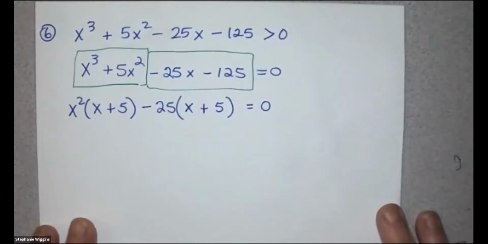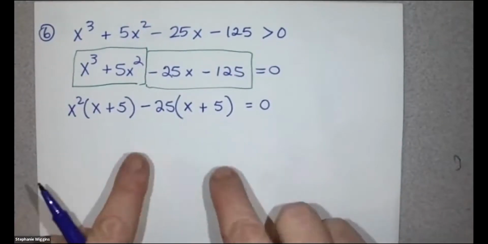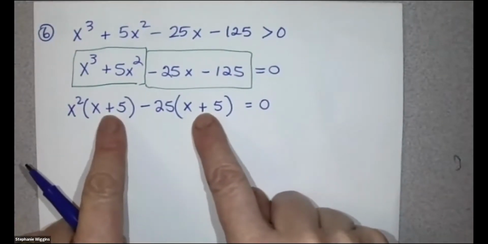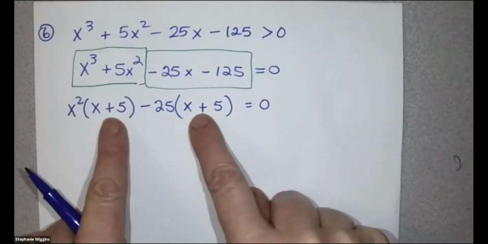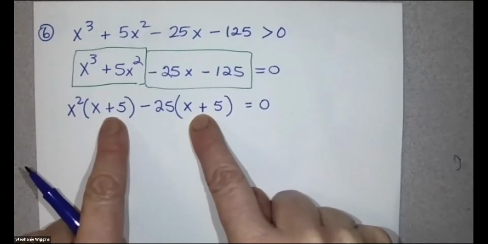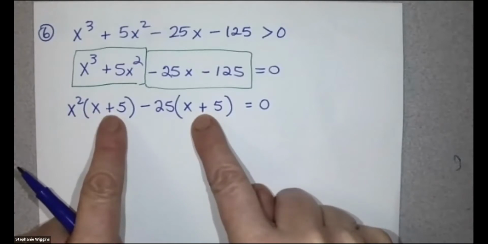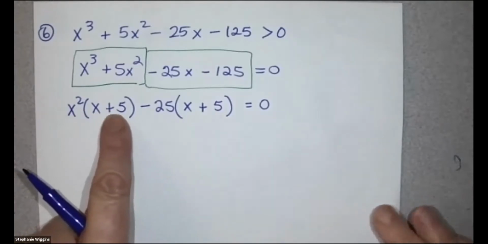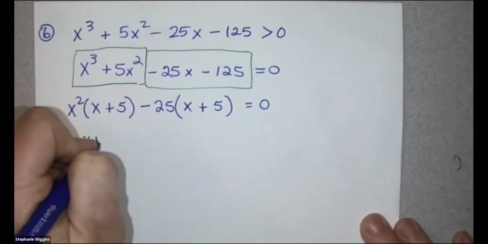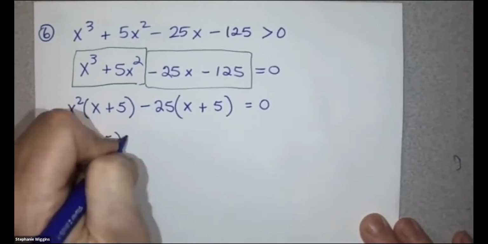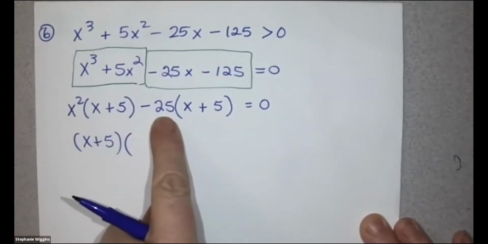And because I'm factoring by grouping, it has to be true that these two are the same. If these do not match, then you've done something wrong, or you just simply can't factor by grouping. But now the fact that this term and this term have a common factor of x plus 5, I can pull that common factor out. And I'm left with x squared minus 25.